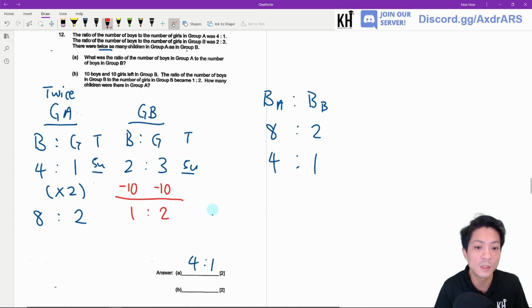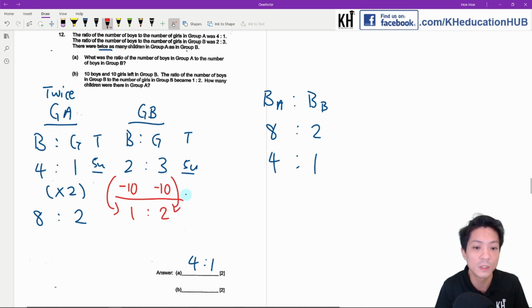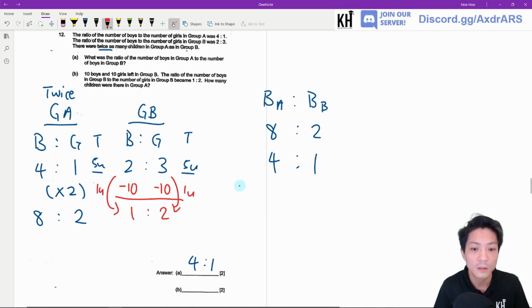So this is a constant difference type of question, because the total that left is 10 and 10. You notice that from here to here there's a drop of 1 unit, and from here to here there's a drop of 1 unit also. Which means that 1 unit is equal to 10.